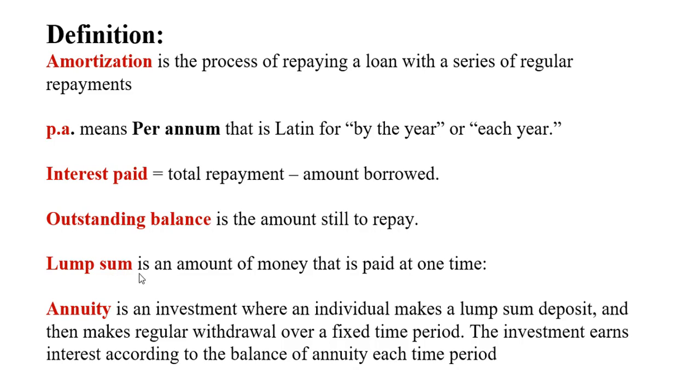Lump sum is an amount of money that is paid at one time. Annuity is an investment where an individual makes a lump sum deposit and then makes a regular withdrawal over a fixed time period. The investment earns interest according to the balance of annuity each time period.